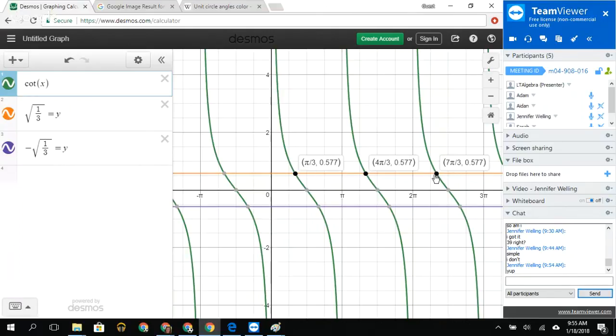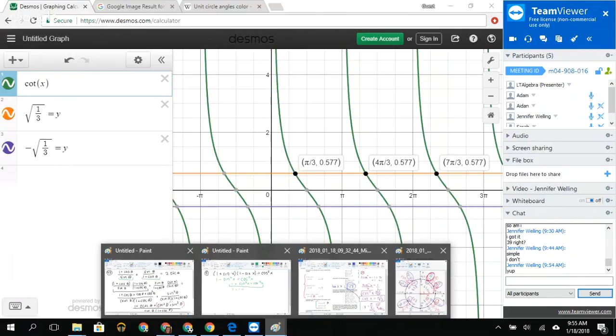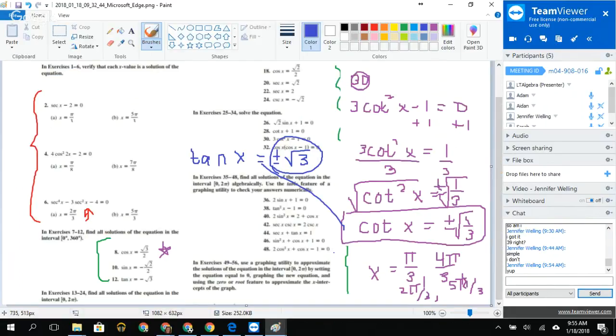So instead of writing out all the possible values because they keep going on forever and ever, we can say, and I know that it's a total mess here, that x equals pi over 3 plus 2 pi times some number n, which represents the interval.